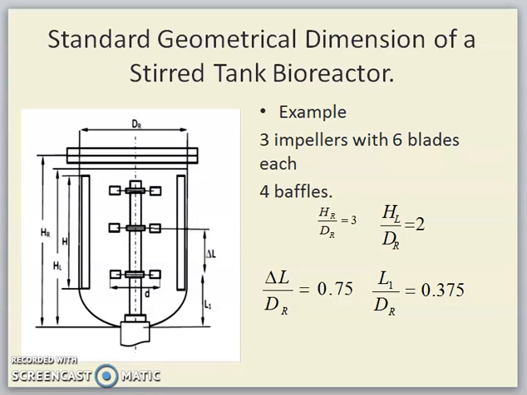Alright, this is the standard geometrical dimension of a stirred tank bioreactor. For example here we have 3 impellers with 6 blades, each impeller has 6 blades, and we have 4 baffles. So to design this dimension, we can use the ratio that we mentioned before, which is height to diameter, whether 2 to 1 or 3 to 1, but mostly we use 2 to 1.